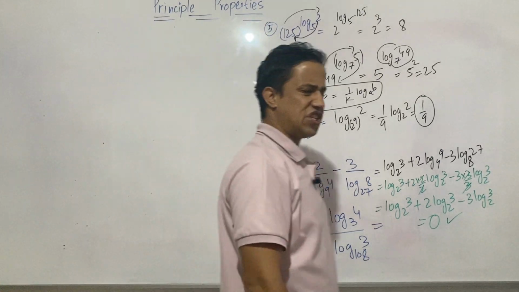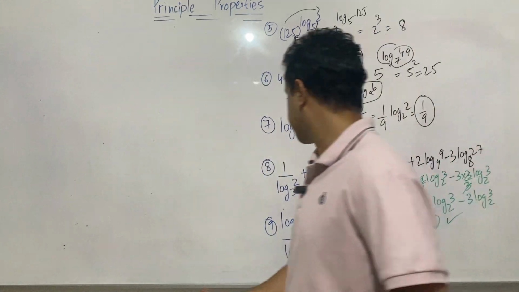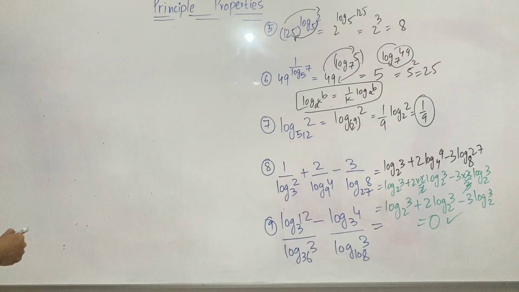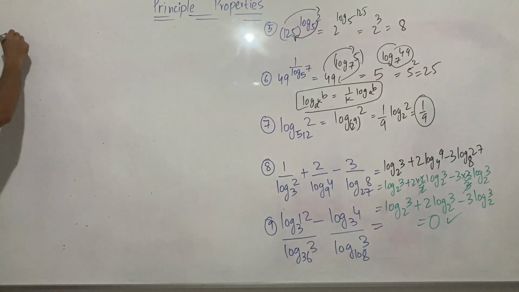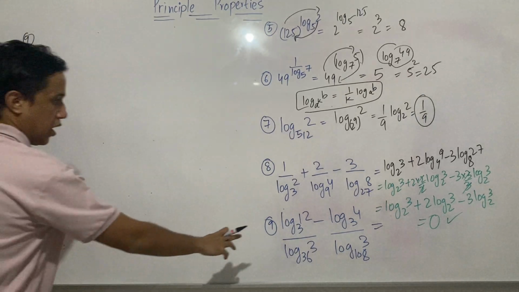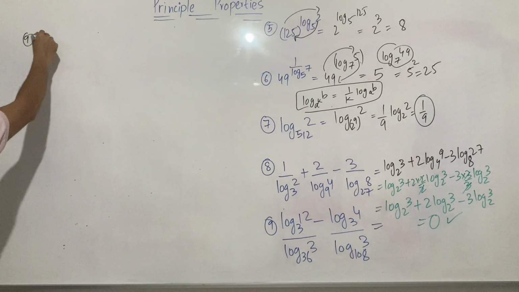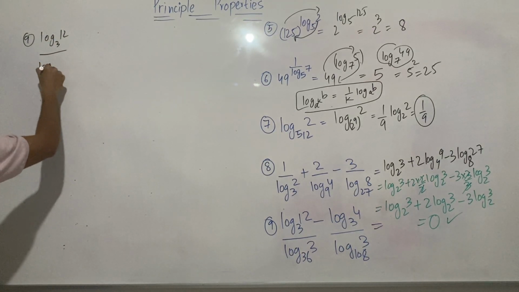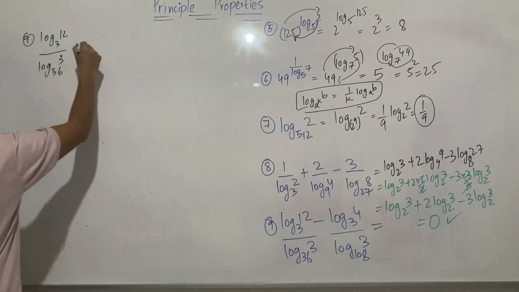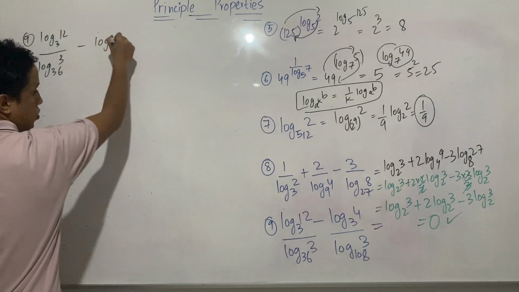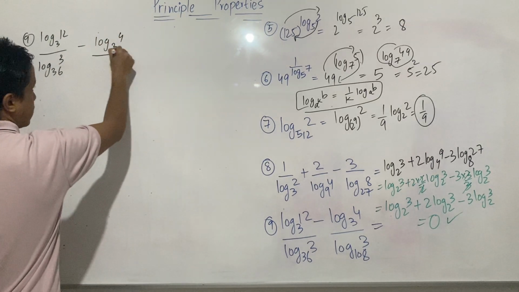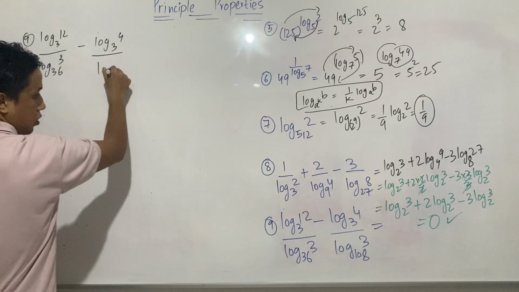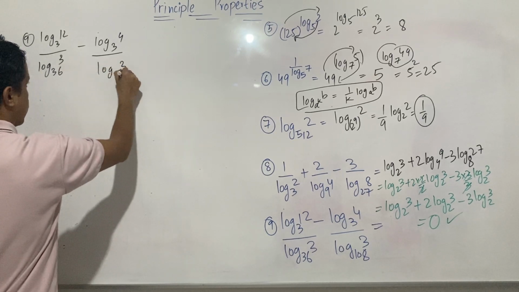We did nothing, we just made use of properties, right? So come to question number 9. Question number 9 says log 12 to the base 3 divided by log 3 to the base 36 minus log 4 to the base 3 divided by log 3 to the base 108.